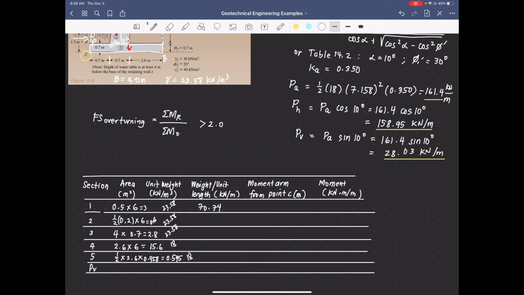If we multiply 0.6 by 23.58, it will give us 14.15. And if we multiply 2.8 by 23.58, it will give us 66.02. 15.6 times 18 will give us 280.8. And 0.59 times 18 will give us 10.71.